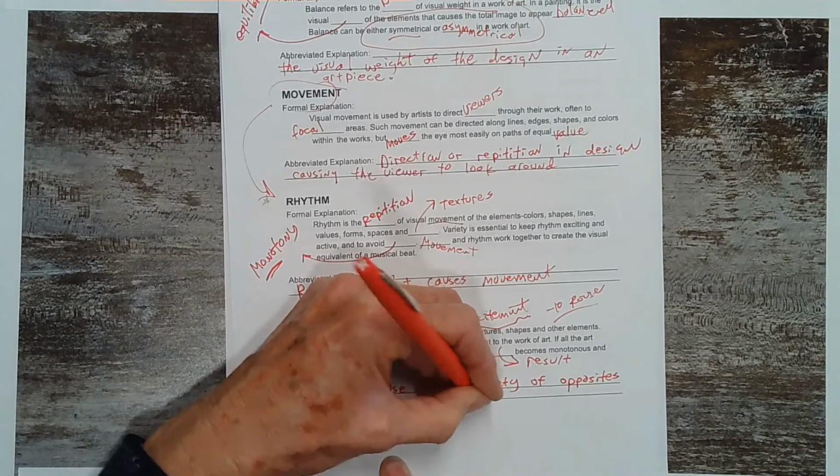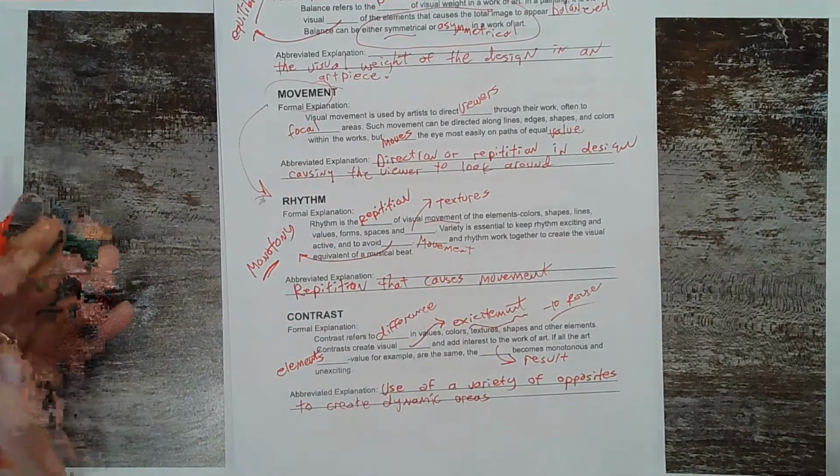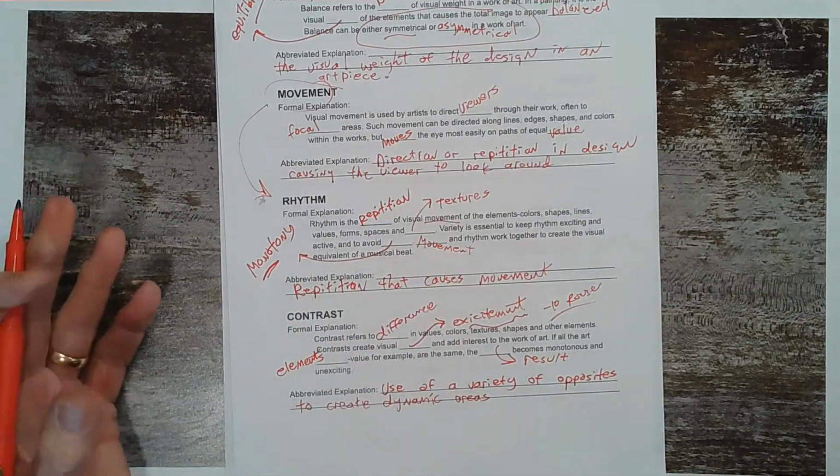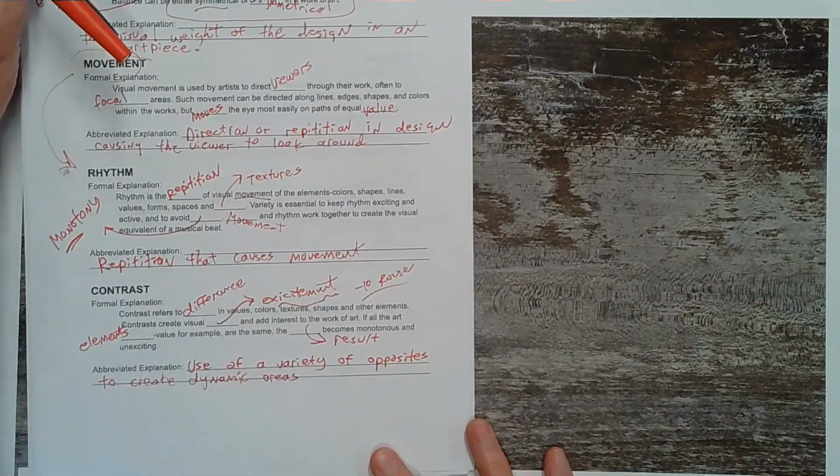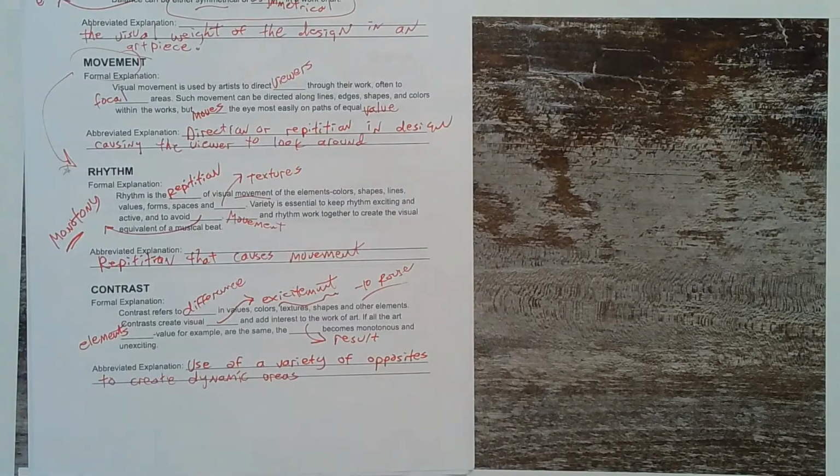If everything is contrasting everywhere in your painting, then the whole thing's too exciting and it's too much. You build in more contrast to the more exciting or more interesting parts of your piece of art.